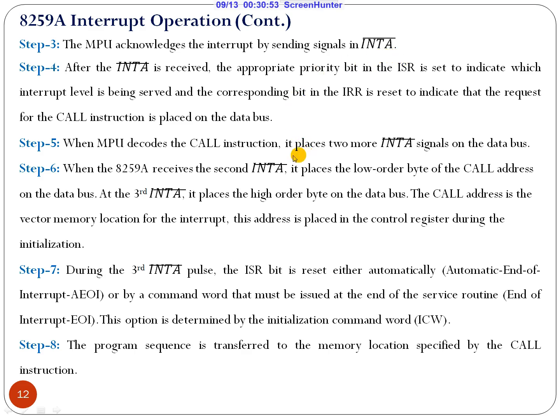When the microprocessor acknowledges the interrupt, it sends the interrupt acknowledgement signal. After the interrupt acknowledgement signal is received, the 8259 will set the priority bit in the ISR. Upon setting the priority bit in the ISR, it will reset the corresponding pin in the IRR, the interrupt request register.